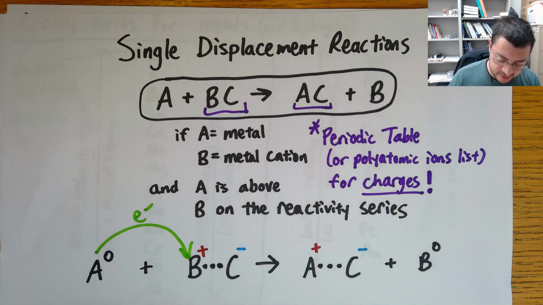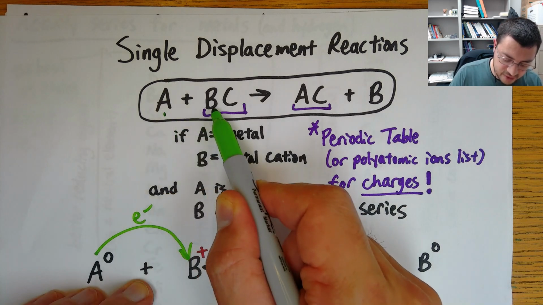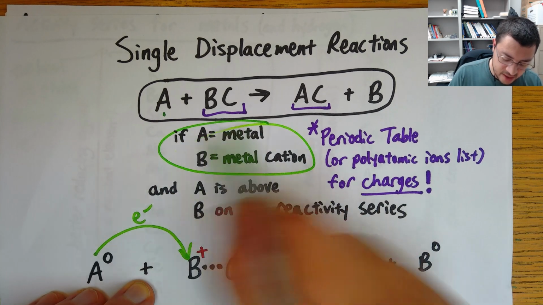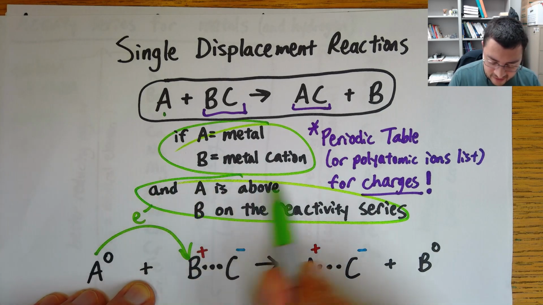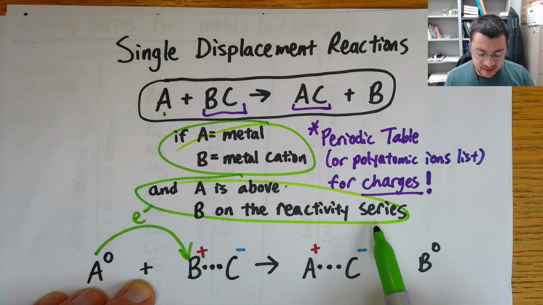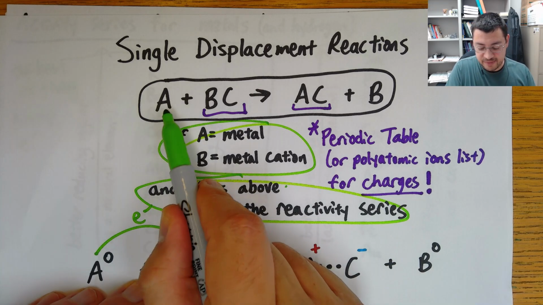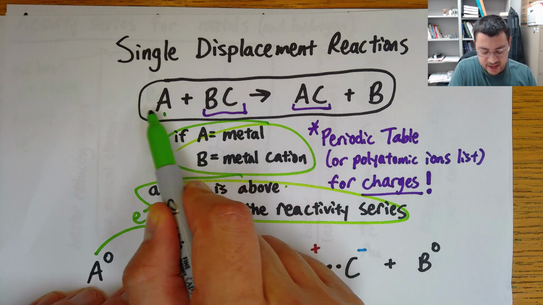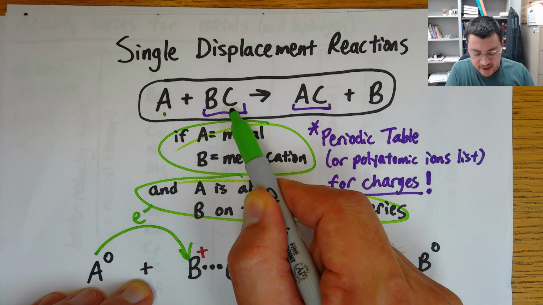We are looking for the element A to be above wherever B is on the series. A is above B on the reactivity series. This is why I like to write my single displacement reactions in this order. I like to write the lone element first, and then the ionic compound second.